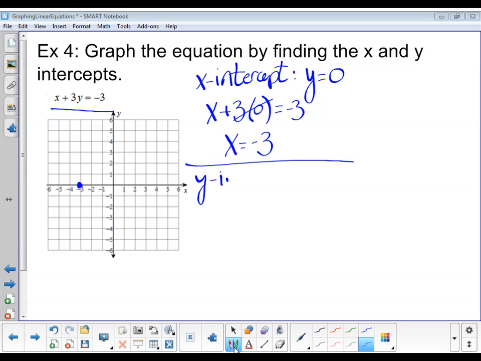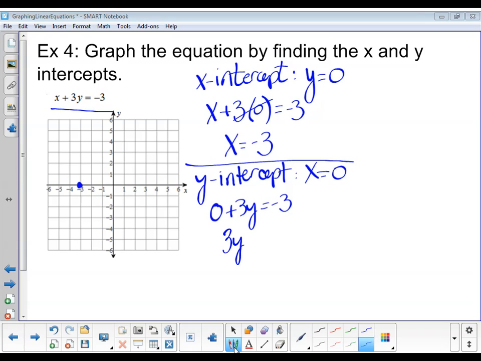Now to find the y-intercept, I'm going to let the x be 0. So whatever intercept you're trying to find, you let the opposite letter be 0. So now my equation is going to be 0 plus 3y is equal to -3. And I need to solve for the y. The 0 plus 3y is still 3y.